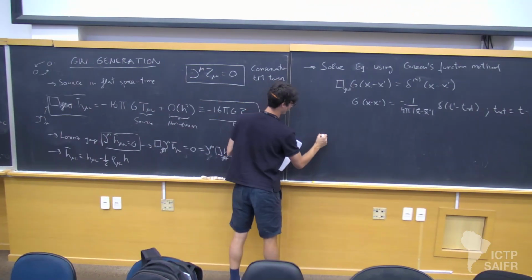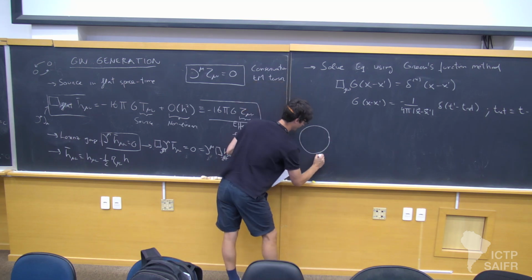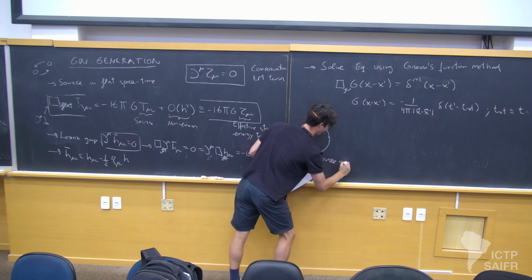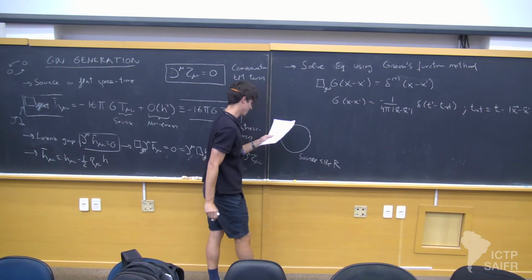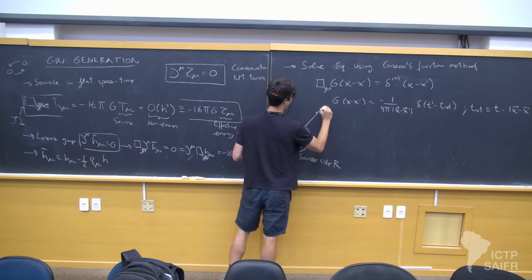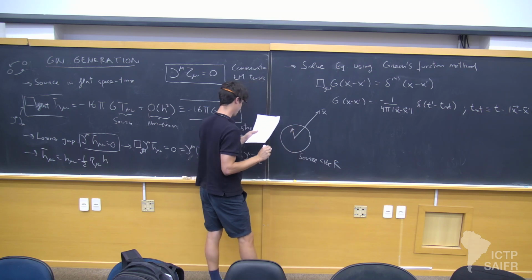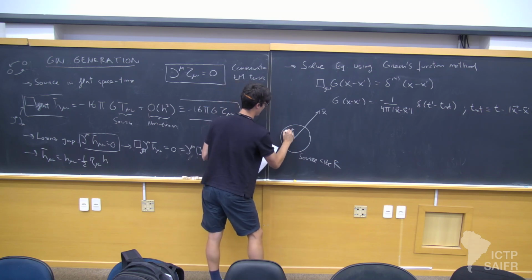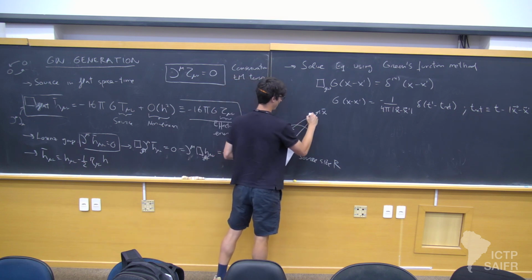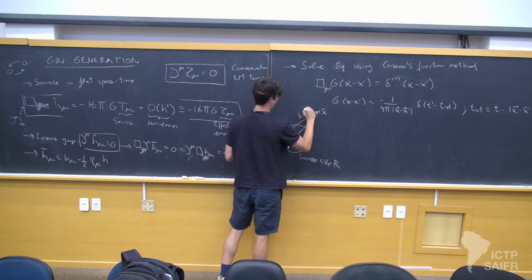So here the situation is that we have some source of size r, and then we have some point here x, and then we are looking at points x prime within the source, and this will be the difference x minus x prime.